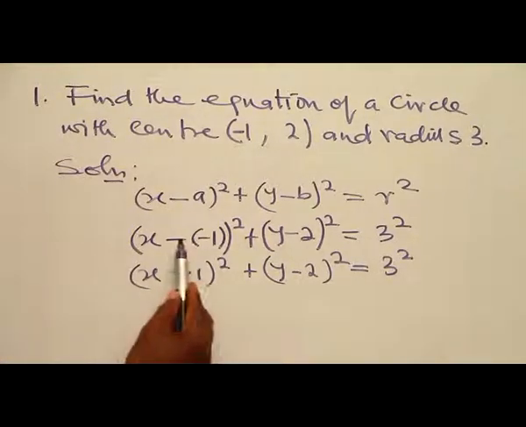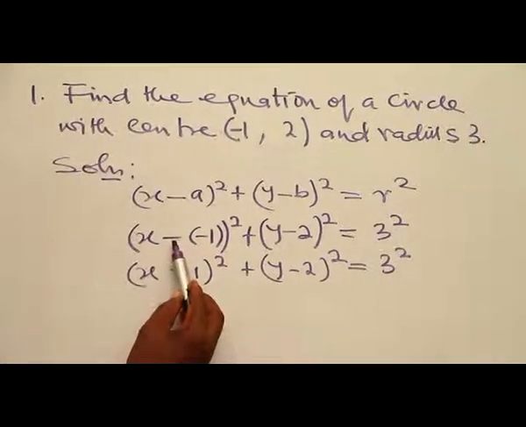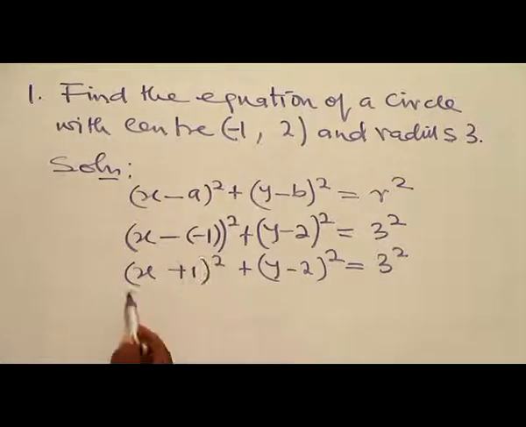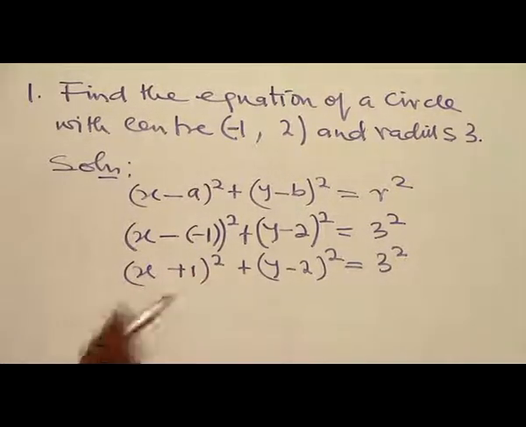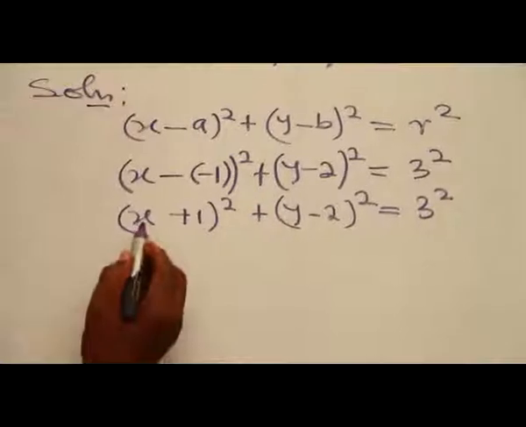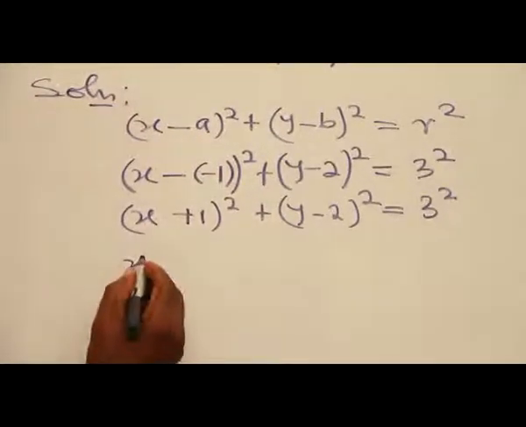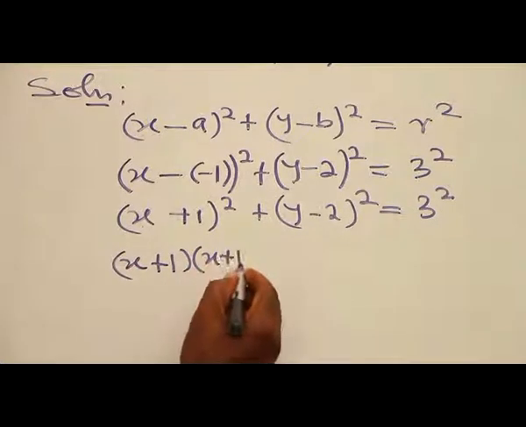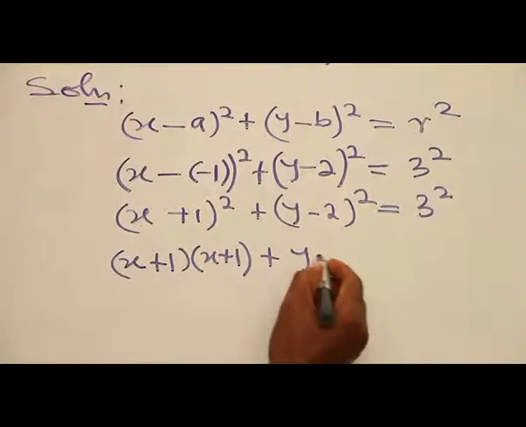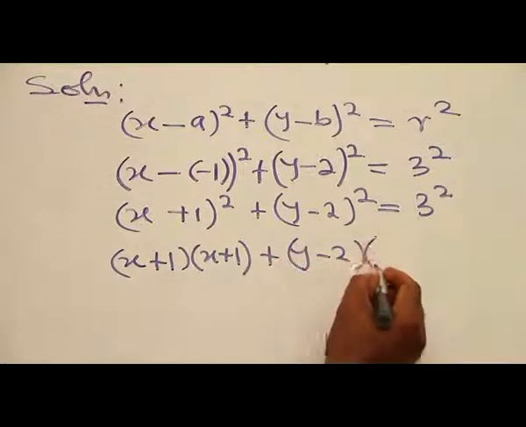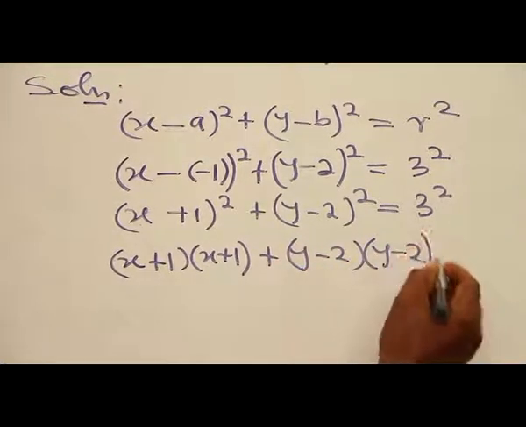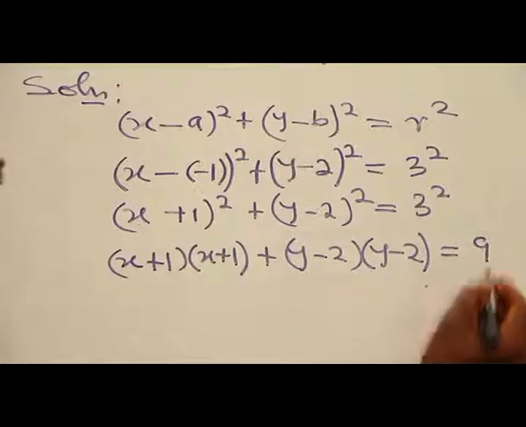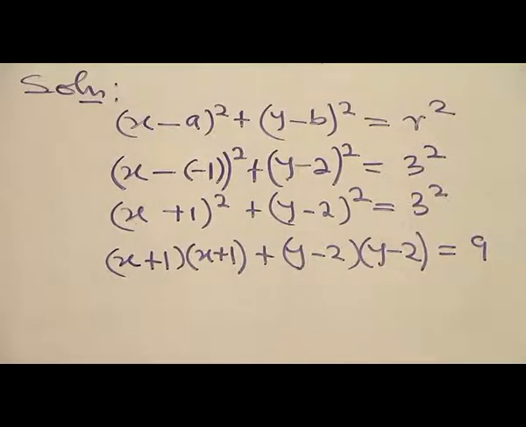What I've done in this case is to simplify the values inside the bracket. So now we will expand this. Remember the expansion method. Expansion here means (x plus 1) multiplying (x plus 1) plus (y minus 2) multiplying (y minus 2). Everything is equal to 9, since 3 squared is 9.